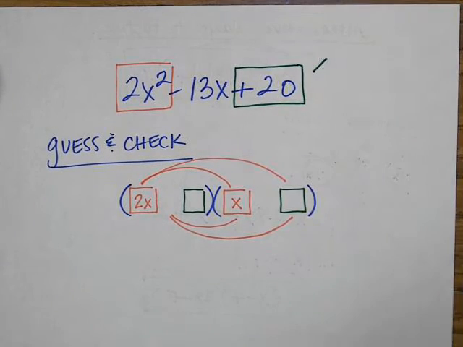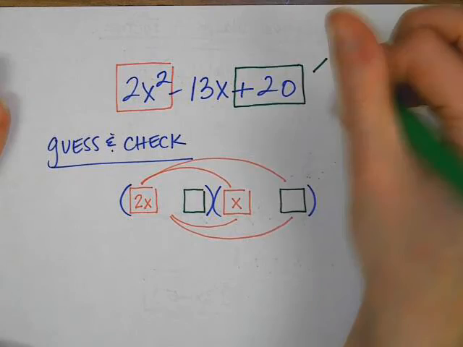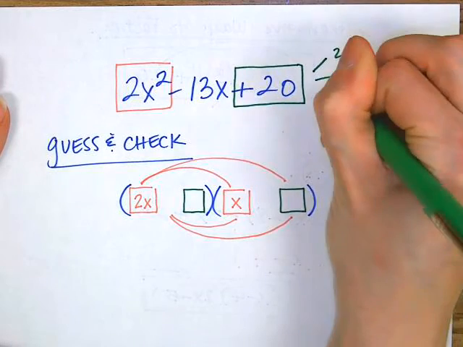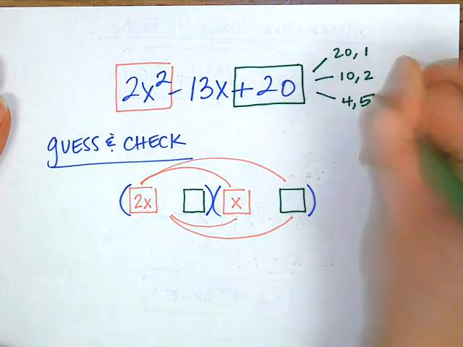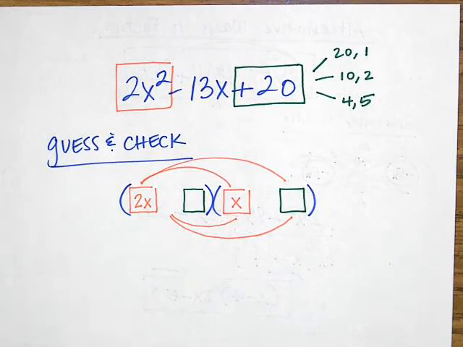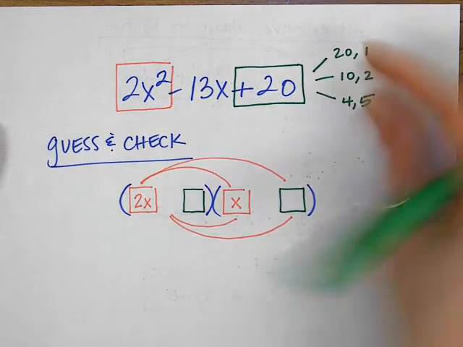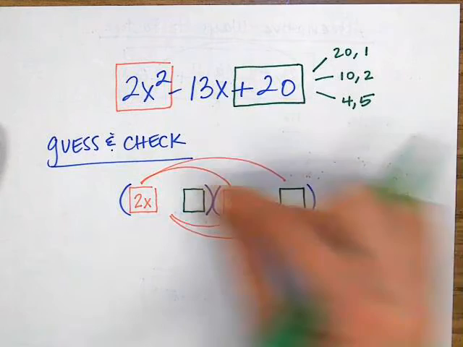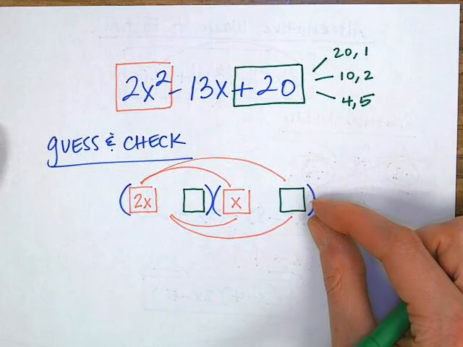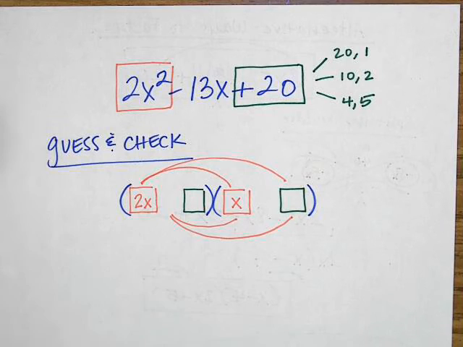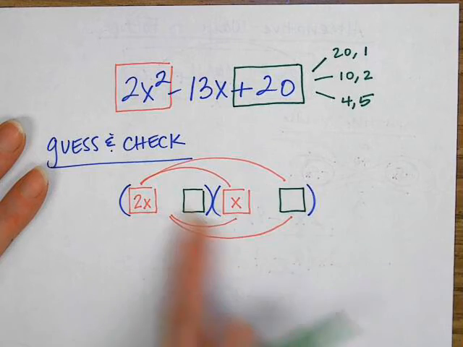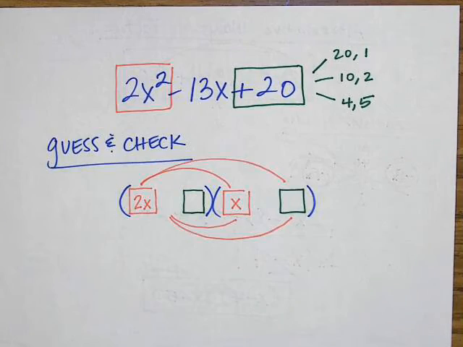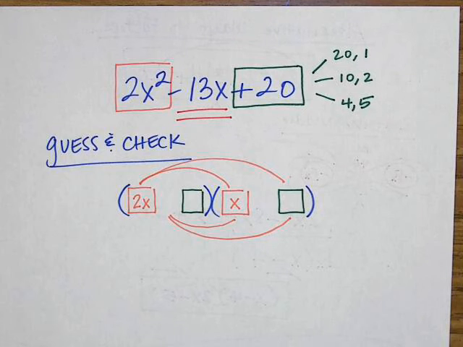Let's make a list of all the ways you can multiply to 20. It could be 20 times 1, 10 times 2, or 4 times 5. It's going to be one of these pairs, but you have to figure out which one goes where. And when you add the like terms in the middle, it has to add to negative 13.